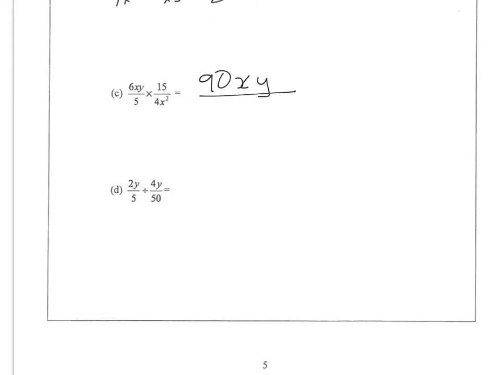XY. 5 fours are 20 x squared. We can cancel the zeros. We have 1x on top and 2 on the bottom, so we're going to cancel 1 and we're going to leave 1 on the bottom. So we get 9y over 2x.